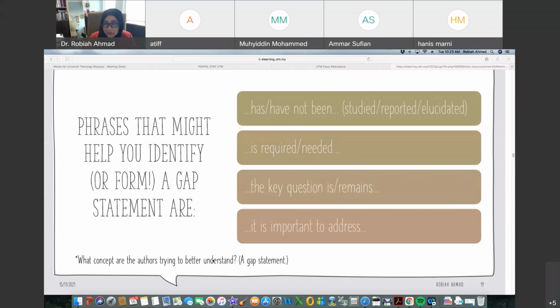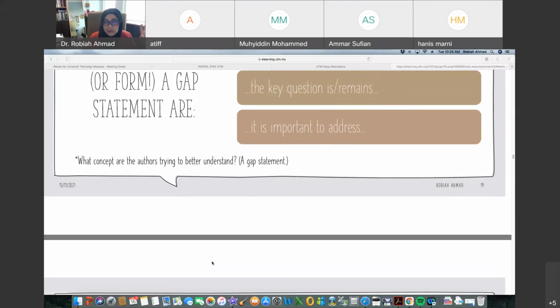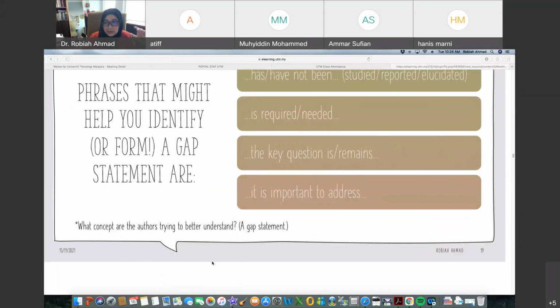You have to submit them for your proposal defense, because from the literature review, we know that you understand the gap and the field, and from the methodology, we know that you have already identified the method so that you are ready to start your research. Okay.